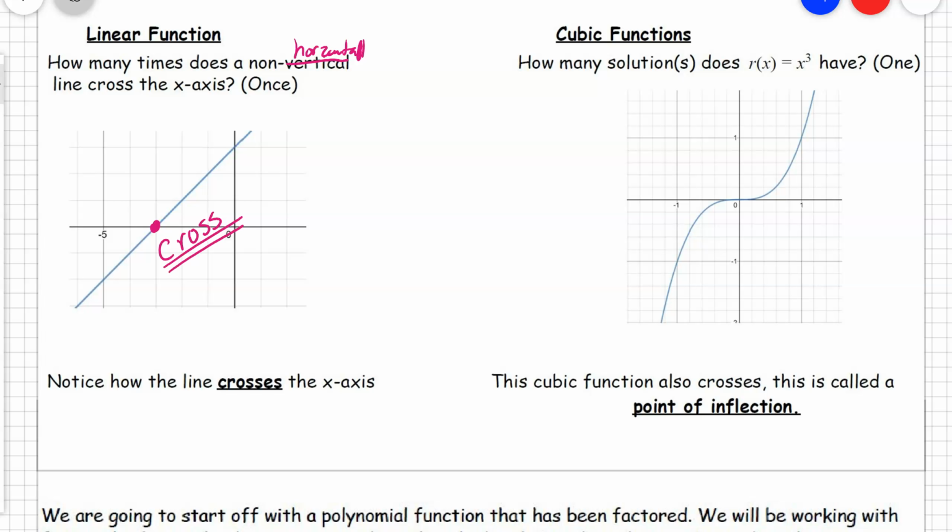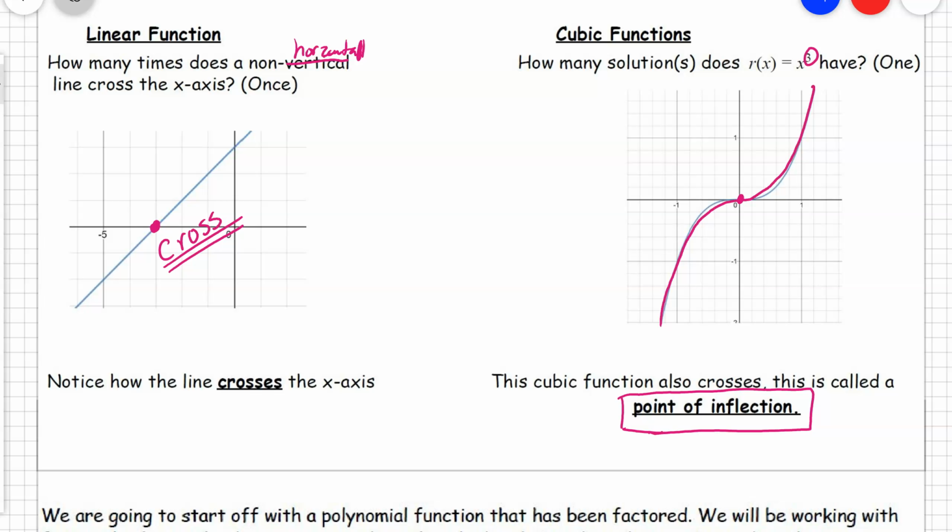With a cubic function, how many solutions does r of x equal x to the third have? And that would just be 1. It crosses once. Okay, and this cubic function also crosses, and it is called a point of inflection. So notice how, because it's cubic, it reflects about itself and then it changes.